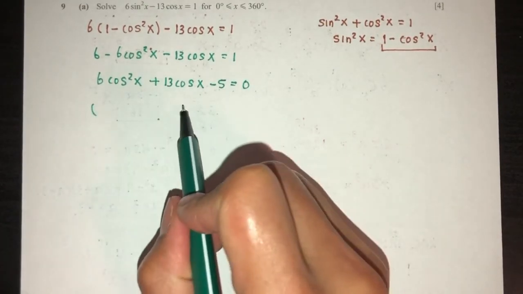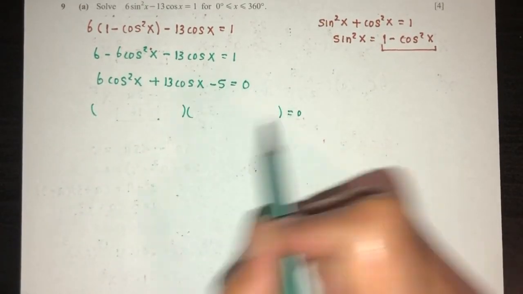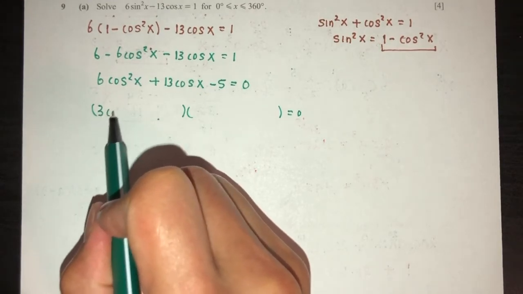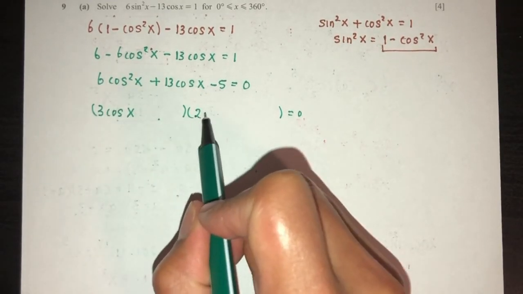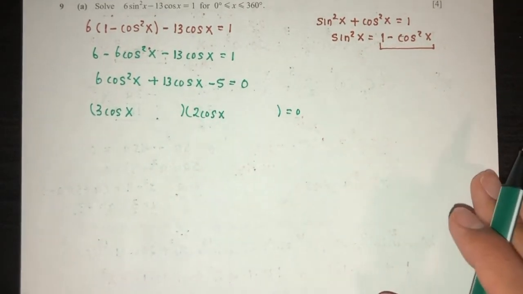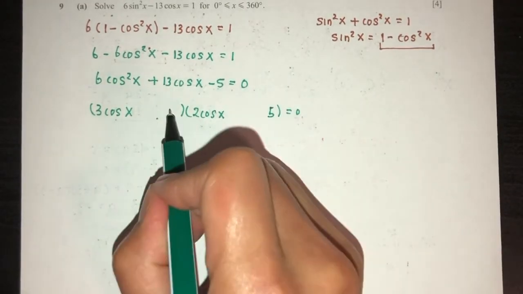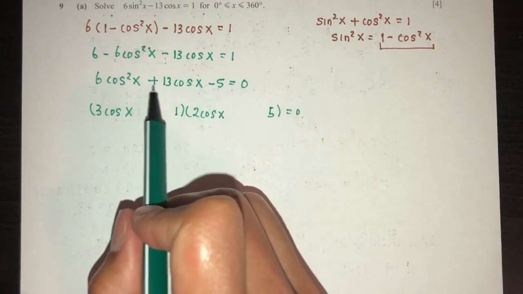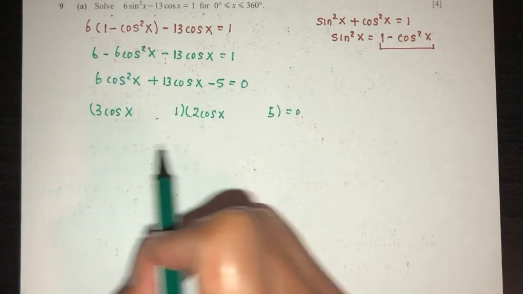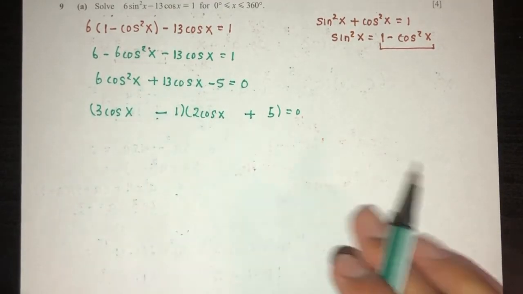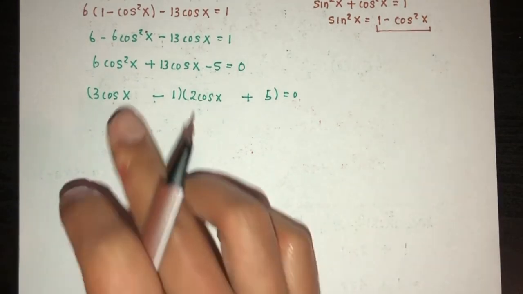Now let's factorize this. So what is 6? 6 is 3 times 2, so 3 cos x times 2 cos x. And 5 is just 5 times 1, so take 5 here and 1 here. Now to get plus 13, we have to do plus 15 minus 2. Okay, that's how you factorize these two.